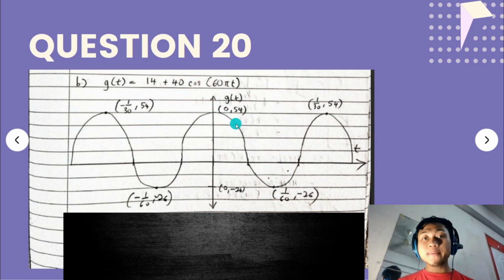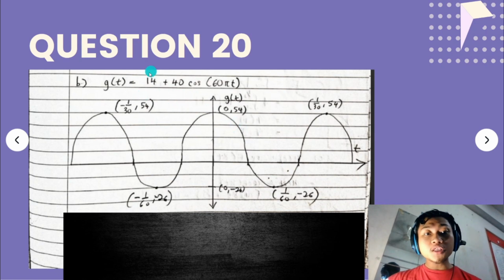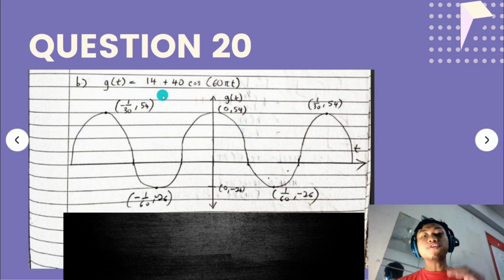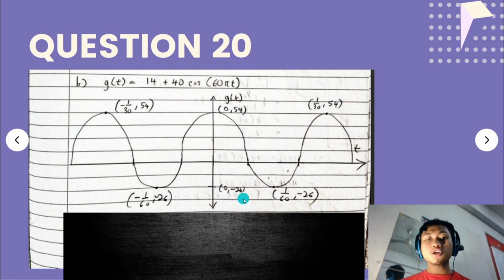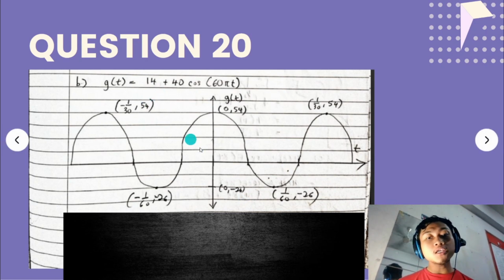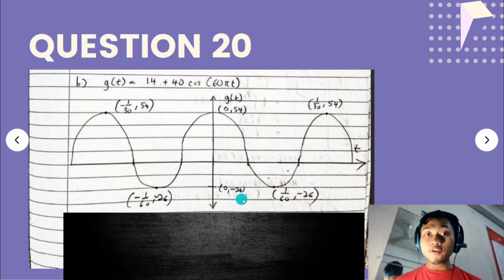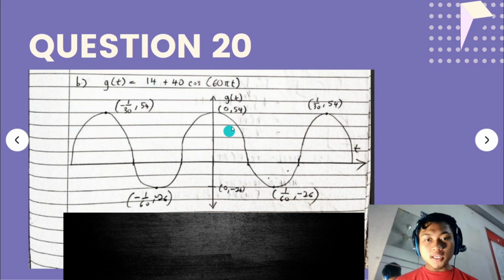Because we have the value of 14 here, so we need to shift. 40 plus 14, we get 54 here, and on the bottom, negative 26 is the same: 14 minus 40 gives negative 26. Originally, if we don't have 14, here is 0, 40, and here is 0, negative 40. But we have 14, so we need to change these two points.